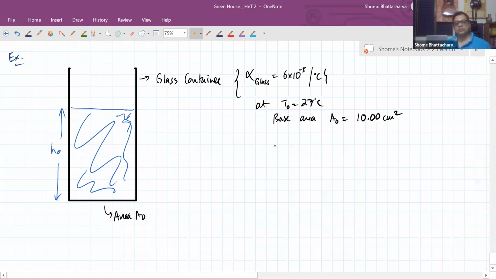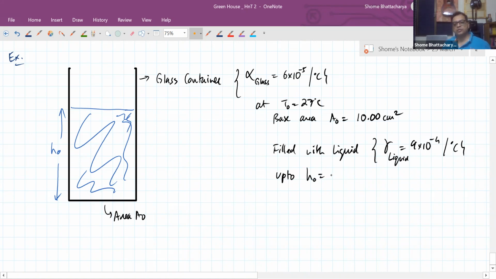So now that liquid has a gamma of 9 into 10 raised to minus 4 per degrees, and it is filled up to a height of these many centimeters at T naught equal to 27 degrees.